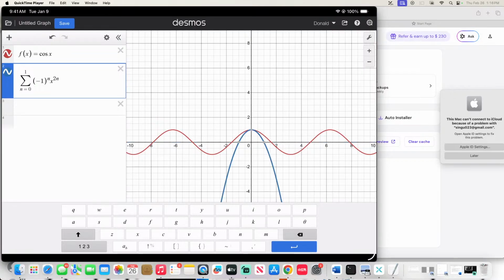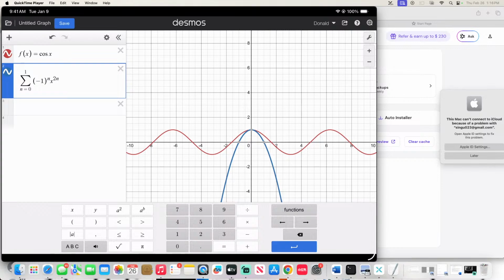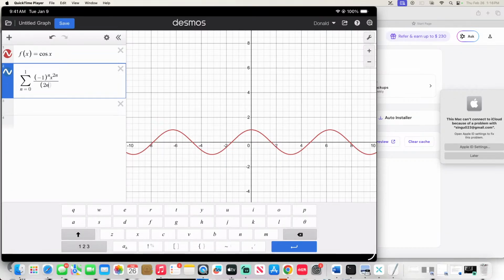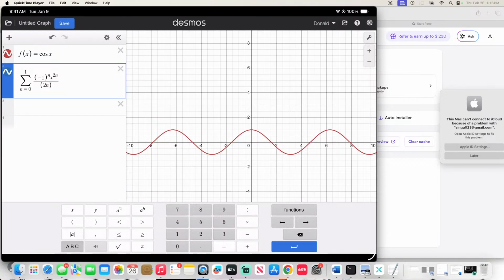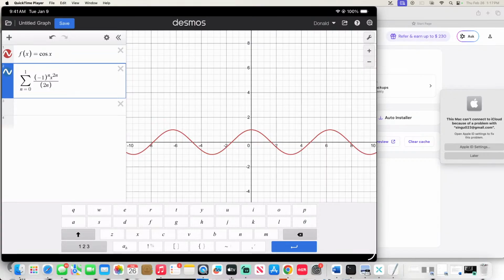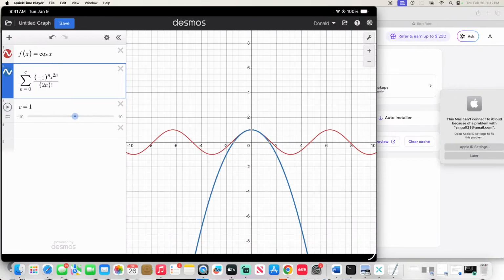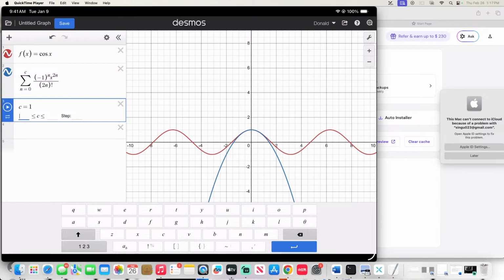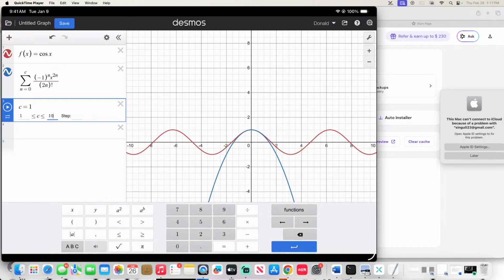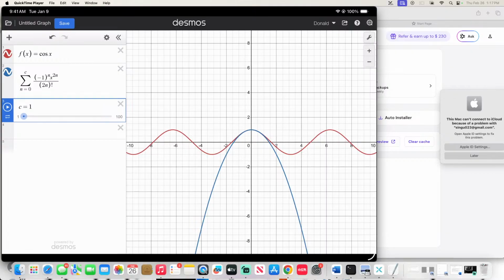Is that okay? Divided by 2n factorial. We're going to use this as a c and add a slider for c, from 1 to maybe 100. Okay, so we're going to let it play.